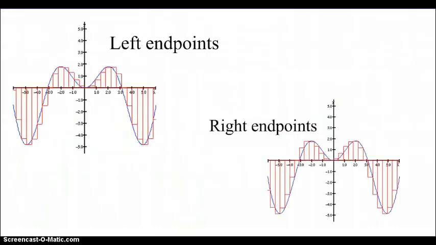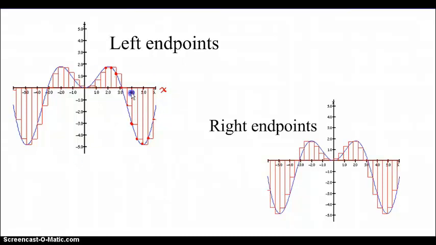And he said we could do it using left endpoints, and you can see here's the area in the plane where the upper left corner of each rectangle is intersecting our curve. And I also want you to notice we can have rectangles finding area below the x-axis. The examples that I did in the last set of videos were all above the x-axis, but there's nothing saying that it has to be above the x-axis.